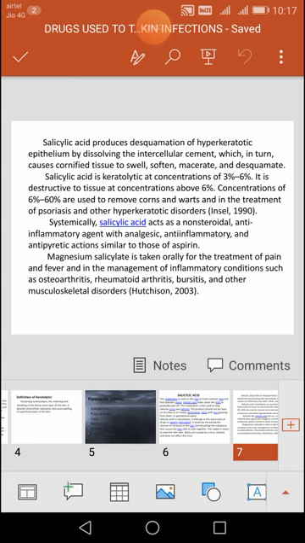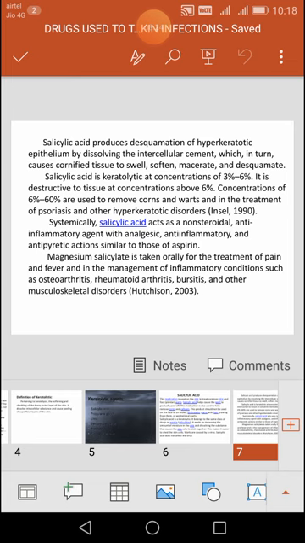Systemically, salicylic acid acts as a non-steroidal anti-inflammatory agent with analgesic, anti-inflammatory and antipyretic actions similar to those of aspirin. Magnesium salicylate is taken orally for the treatment of pain and fever, and also in the management of inflammatory conditions.